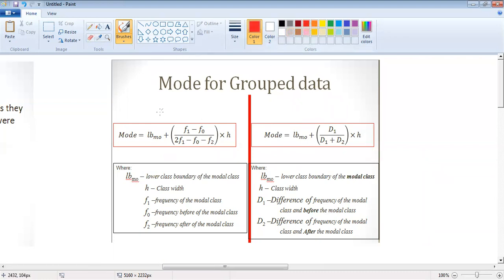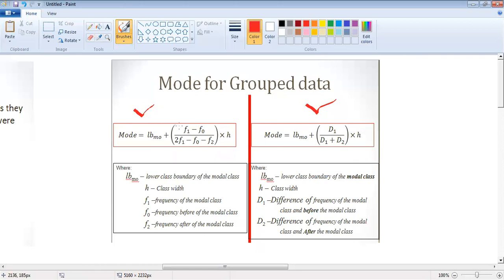Maybe you will find this one here and this one. These two formulas are actually the same. We just have them written in a different form.